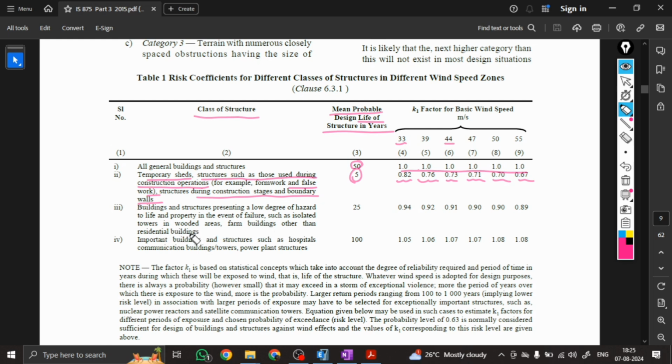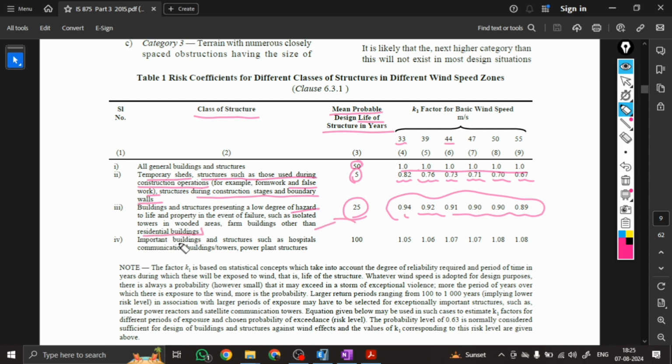Means if you have buildings other than residential, which have less hazard, meaning loss of life is less, then we will design for 25 years and the K1 value will be this. So for other than residential buildings, we got the values.